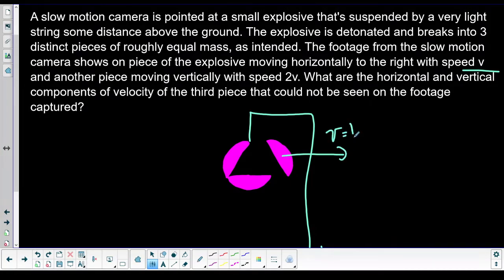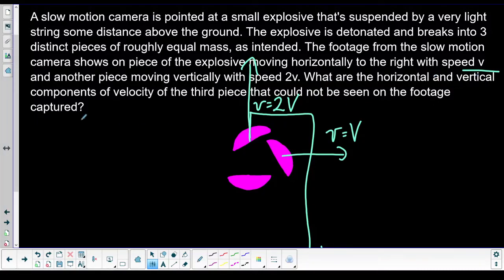Another piece is moving vertically with a speed of 2v. So this one somehow got pulled and is going straight up with a speed of 2v.